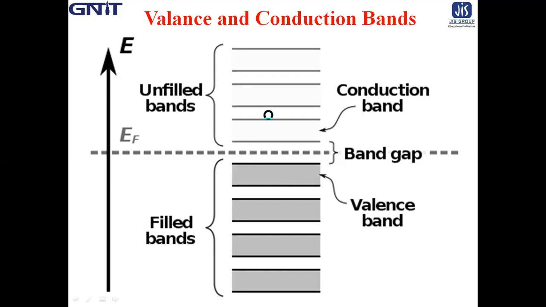And the next higher allowed band is called the conduction band, which also may be completely empty or partially filled by electrons. In this band, electrons are free to move, and the energy gap between the valence and conduction band is known as the band gap.